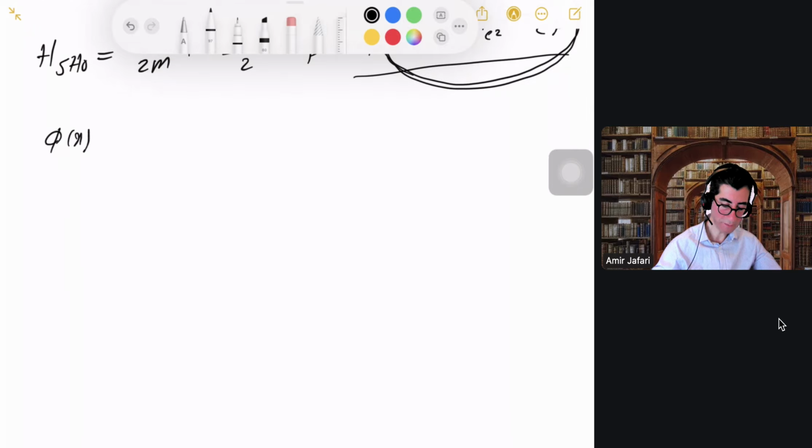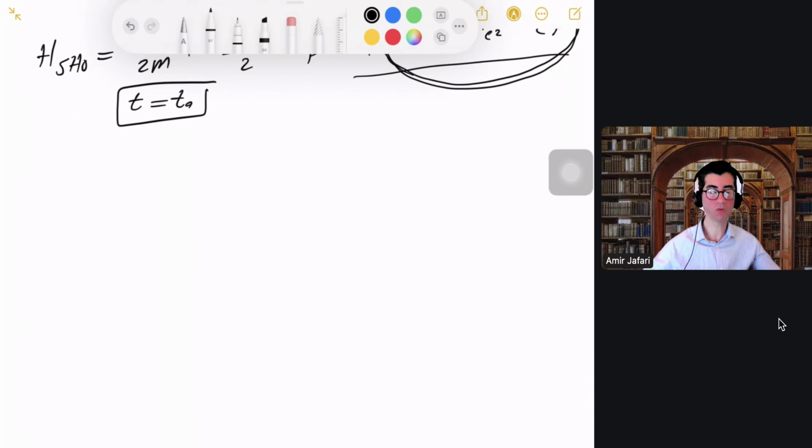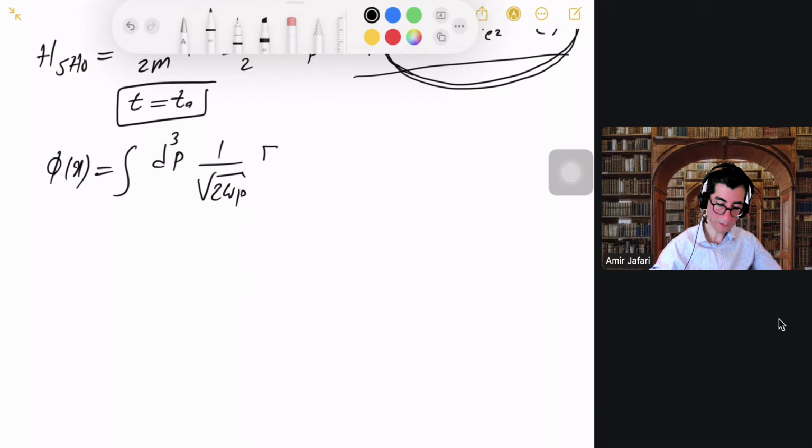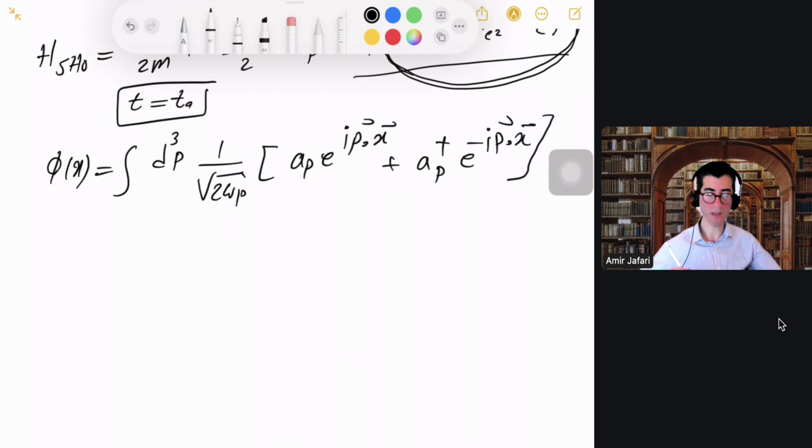We work at a given, constant, fixed time, and write down a Fourier transform for phi at that fixed time, by analogy, using the analogy with the simple harmonic oscillator, this way: 1 over square root of 2 omega p, a_p e^{ipx} plus a_p dagger e^{-ipx}. Okay.